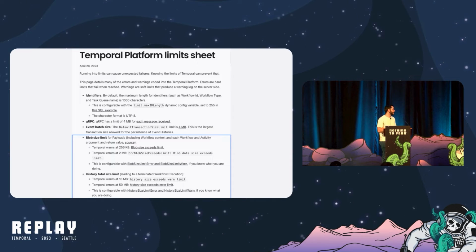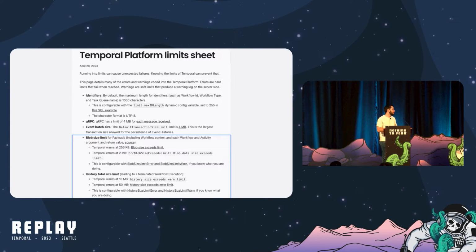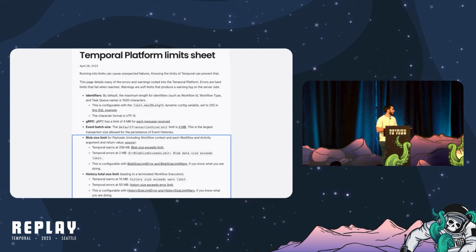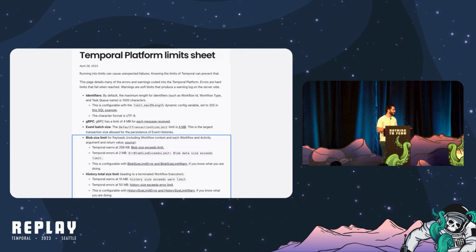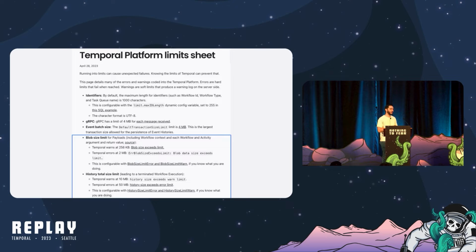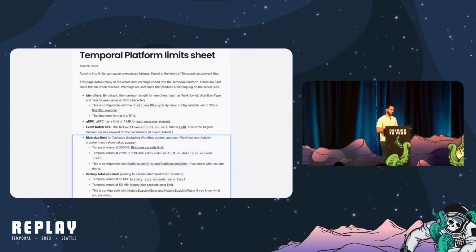But in particular, because of how Temporal persists everything to an event history, there are pretty strict limits on what gets stored there. And we self-host our own Temporal cluster, so we could play with these a little bit, but there was no way we were going to be able to store 200 megabyte payloads in here. That would just be a non-starter for Temporal.